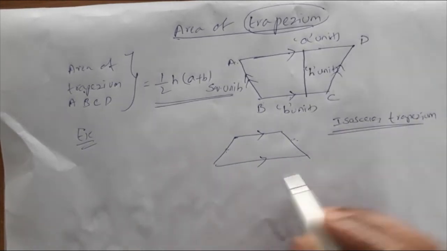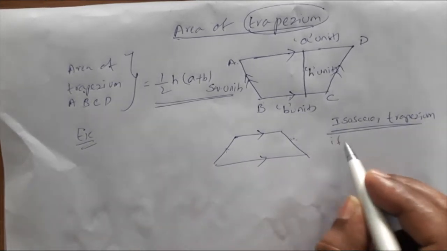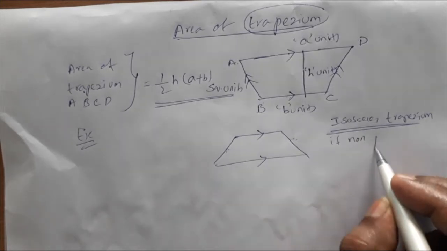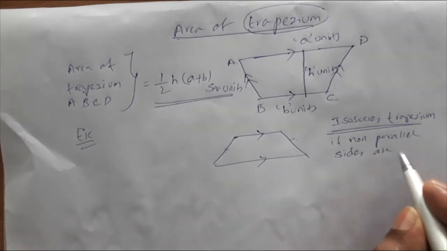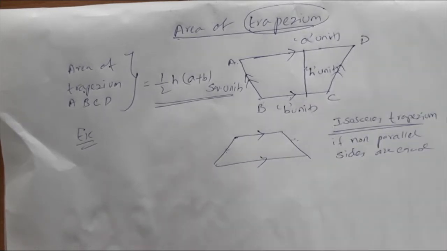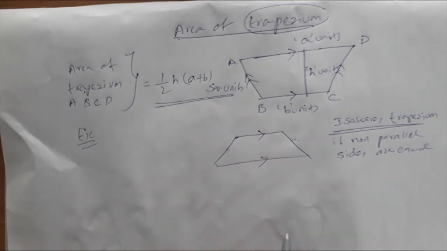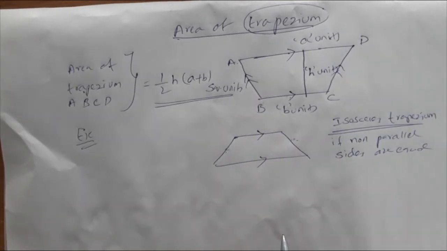When can we say isosceles trapezium? If non-parallel sides are equal. Suppose any trapezium has non-parallel sides equal, then we can say that it is an isosceles trapezium.